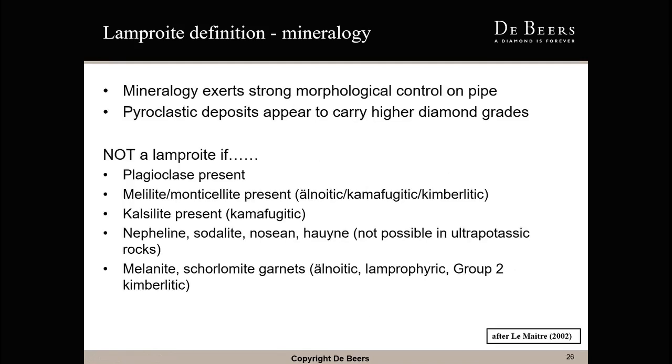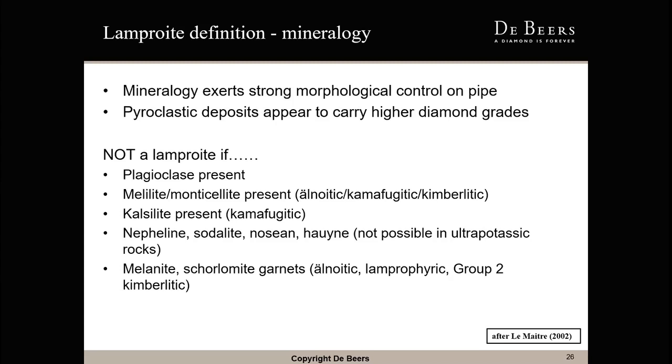In lamproites, thus far, it definitely is the case that your pyroclastic or volcaniclastic deposits do carry higher diamond grades than the magmatic lamproite varieties. And then the last couple of points, very important to note that if there are more sodic minerals present in the rock, then it is unlikely to be a lamproite.